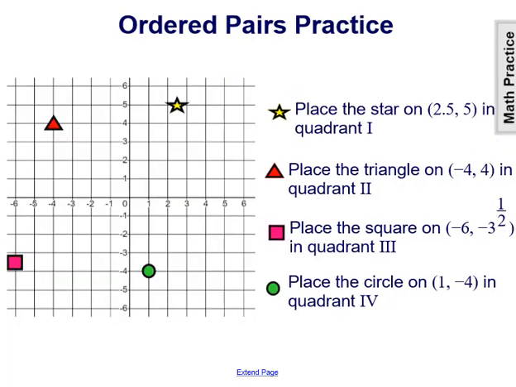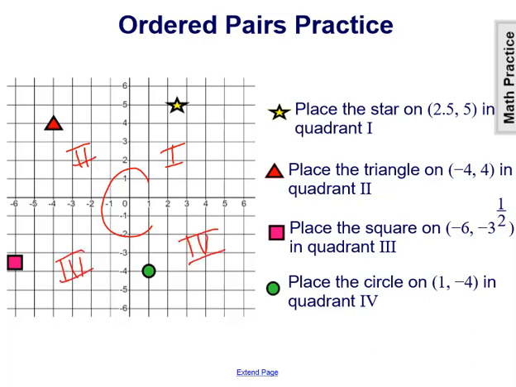So here you can see is where the star, triangle, square, and circle should go after we've moved them, after the movement of left or right, and then up or down. And you can even use the numbers themselves to check that you're in the right quadrants, right? If we draw our quadrant C, this would be quadrant 1, 2, 3, and 4.